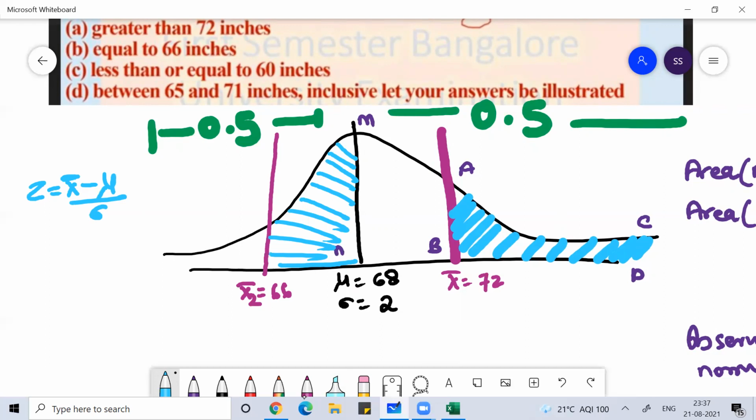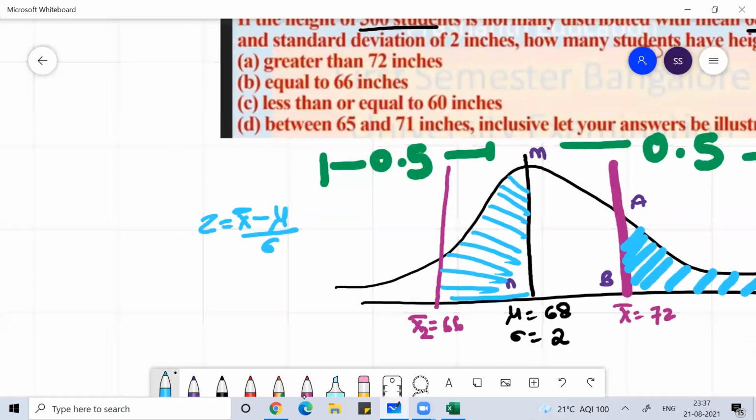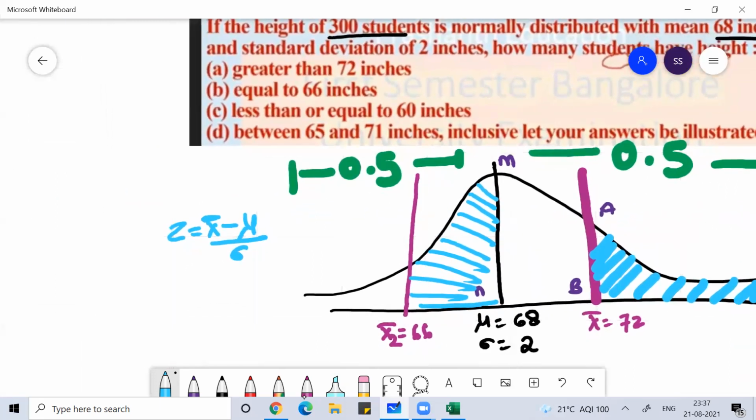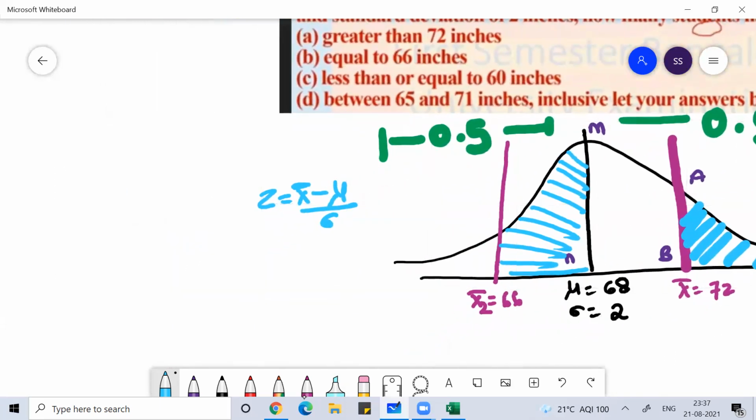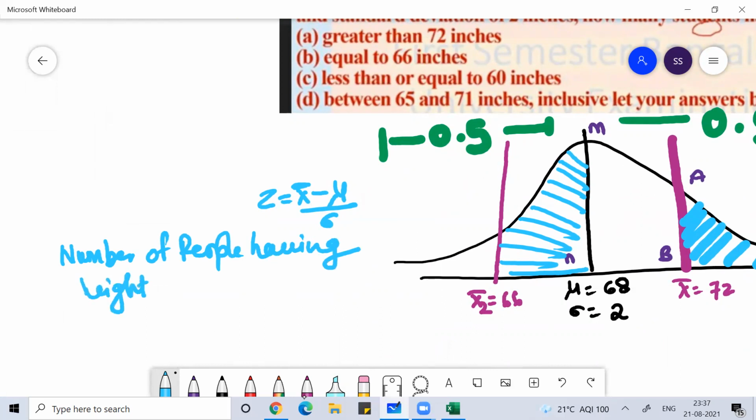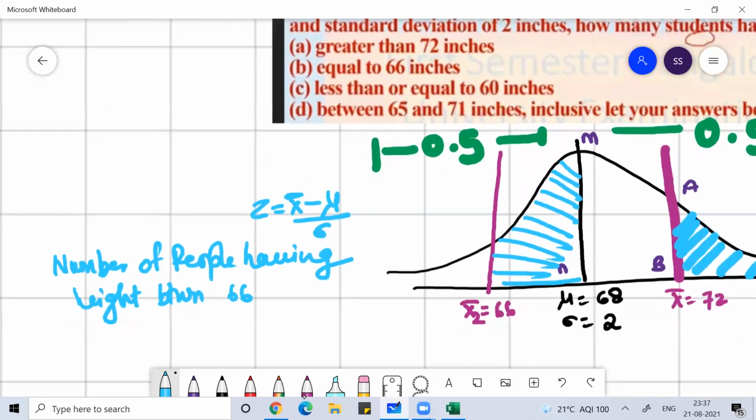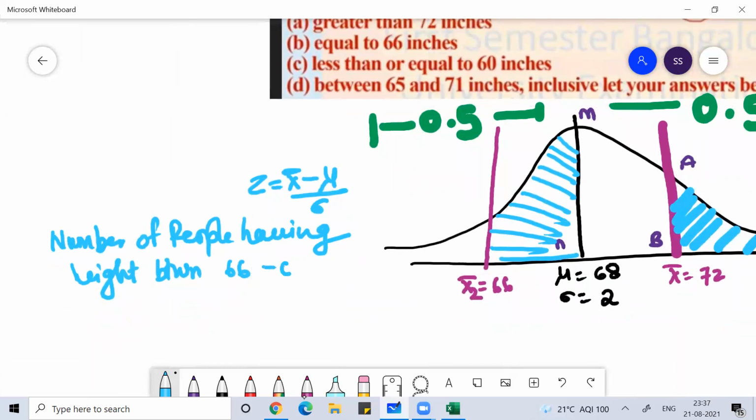If I'm looking for this area, it is the number of people having height between 66 to 68 inch.